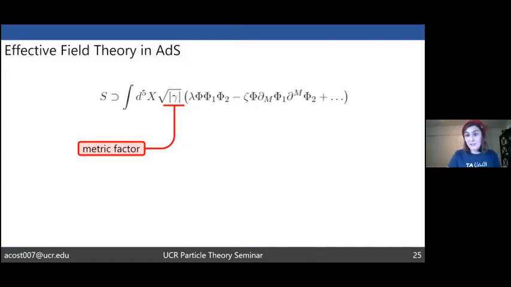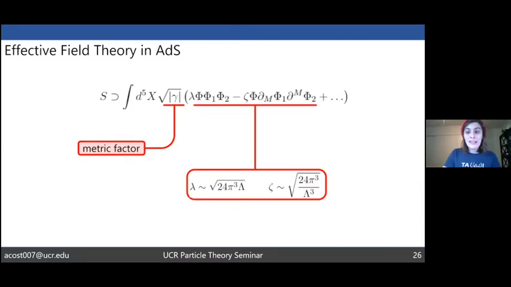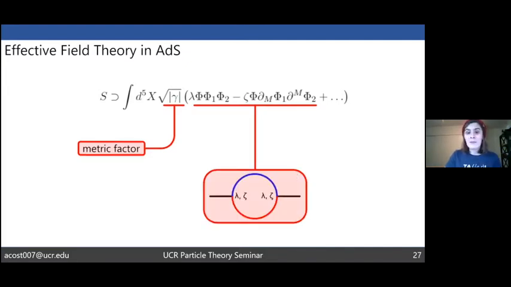So you have factors of kz that warp up and down each term. And I mentioned that the zeta is a higher dimension operator. So the natural scale for this is some order one number, some loop factor, divided by a higher mass scale, whereas lambda is not divided by that higher mass scale. The lambda interaction is renormalizable, the zeta is not.